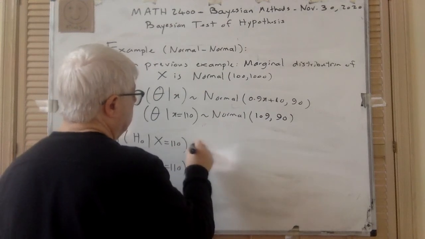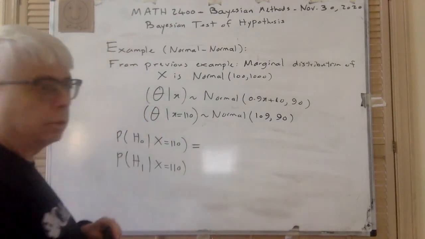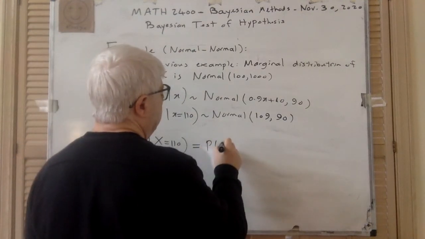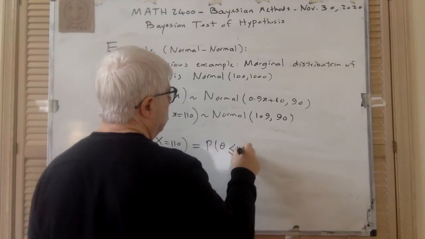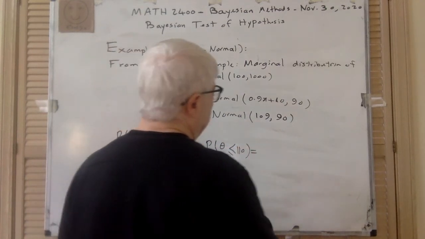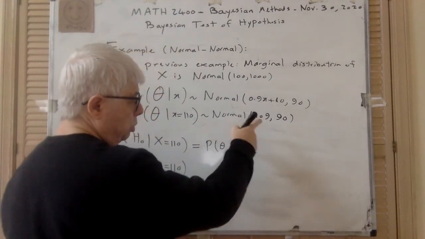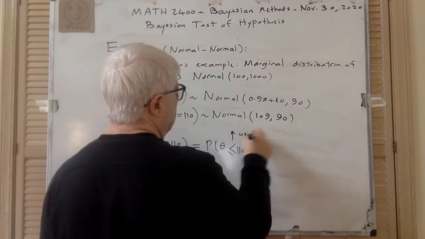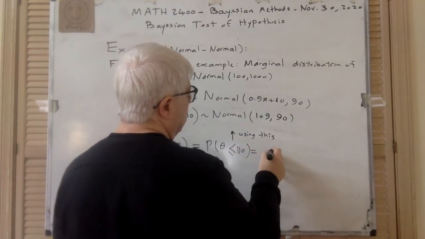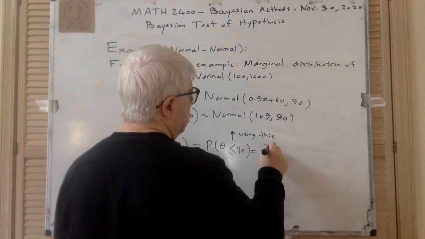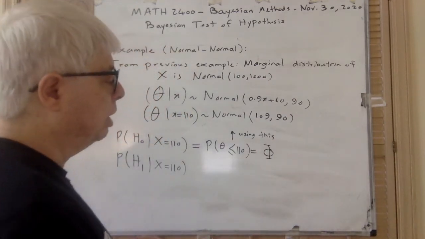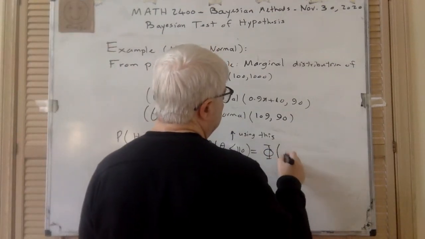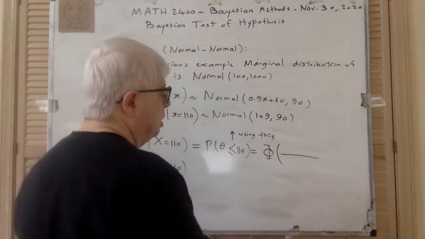So this is in fact using what was theta for H0? It was theta less than or equal to 110. So I have to use the CDF of the standard normal distribution, that capital phi, of the z value.